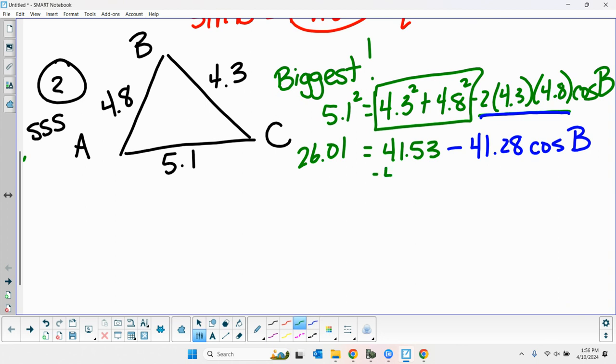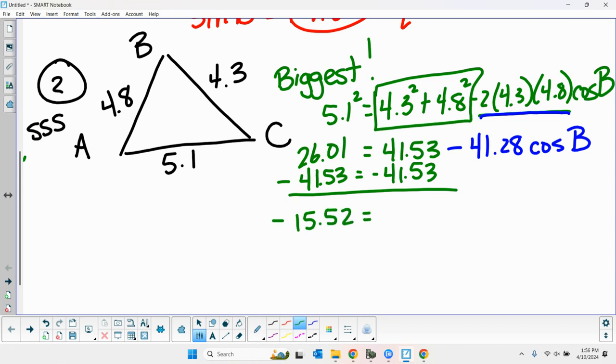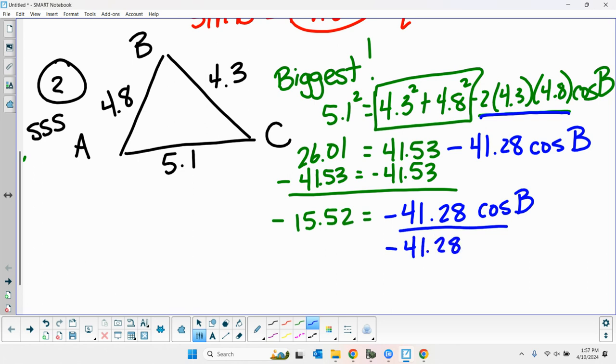So now I'm going to subtract the 41.53 over. And you get negative 15.52. And over here you got negative 41.28 cosine of B. So to get rid of the negative 41.28, you divide, because it's times the cosine of B. All right, and that gives us 0.3760.